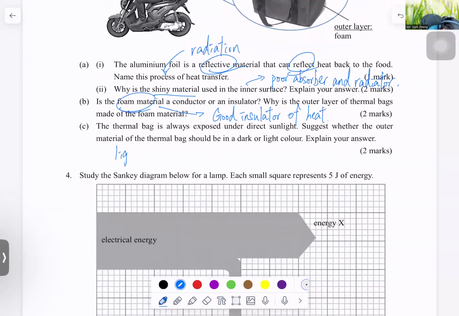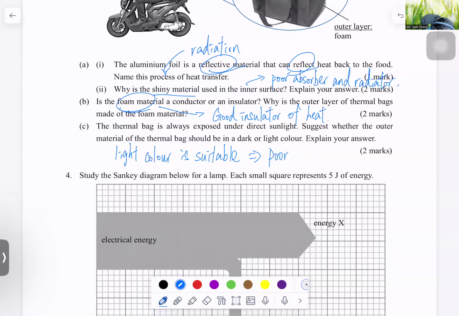So why would a light color be more suitable? This is because the light color, in fact, is a poor absorber and also a poor emitter.